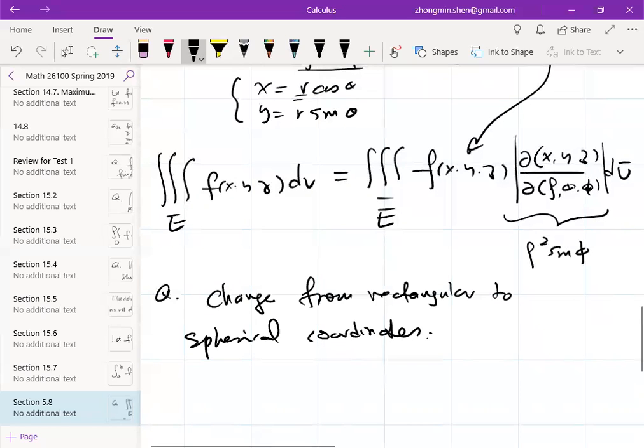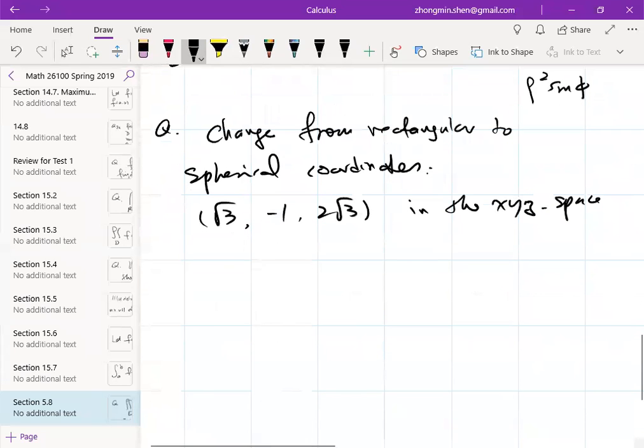Here's the point: square root 3, -1, 2 square root 3. This is a point in the x, y, z space.